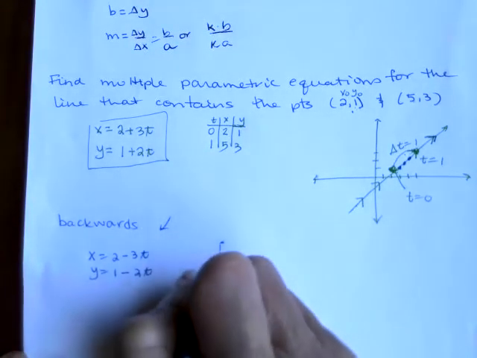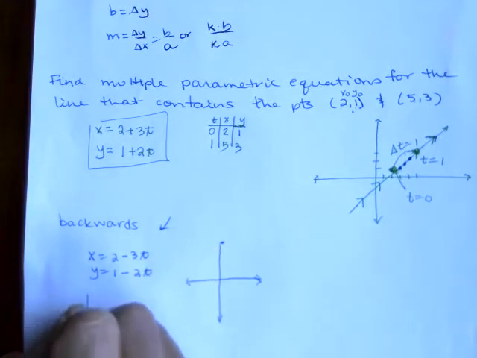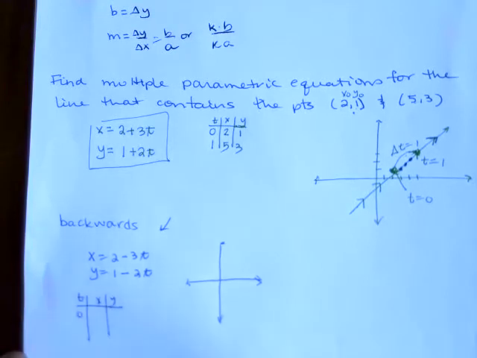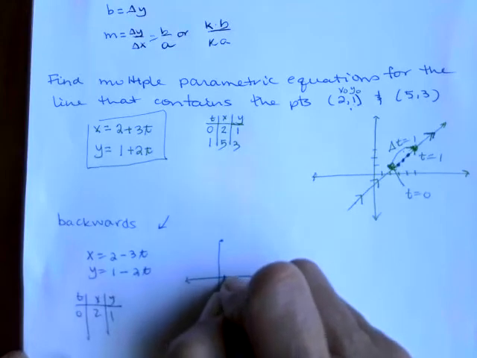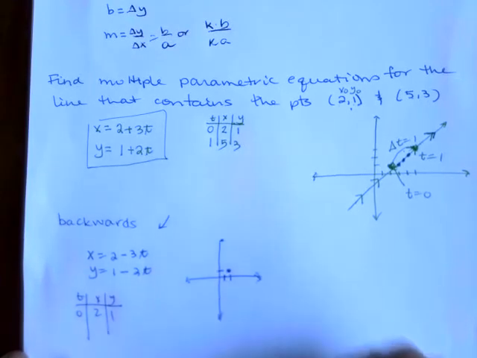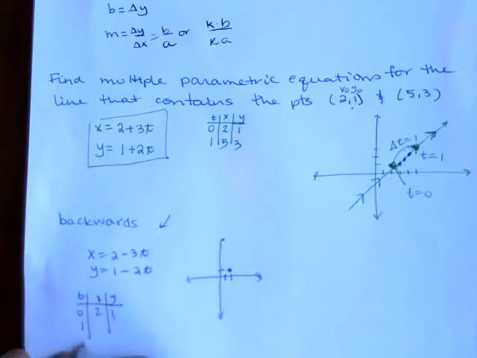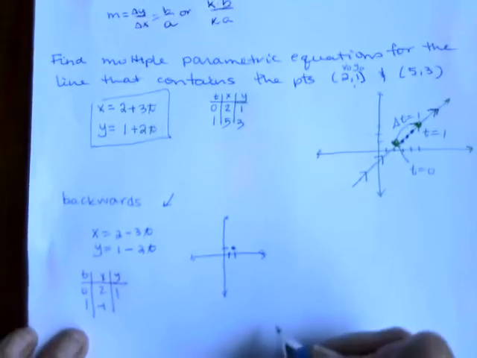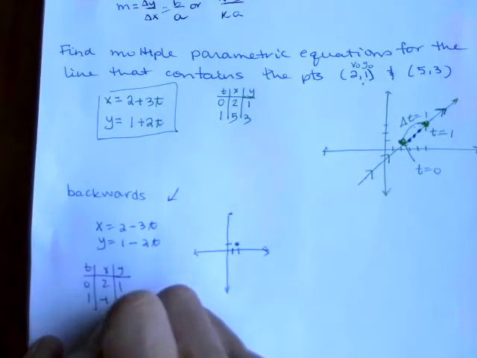I'll do a graph here, giving myself some space. Make a quick table, t, x, y. So if t is 0, again, we're going to start at 2, 1. At t is 1, so increasing time, my x value is going to be negative 1, and my y value will also be negative 1.